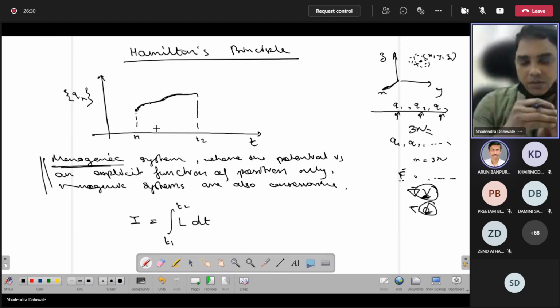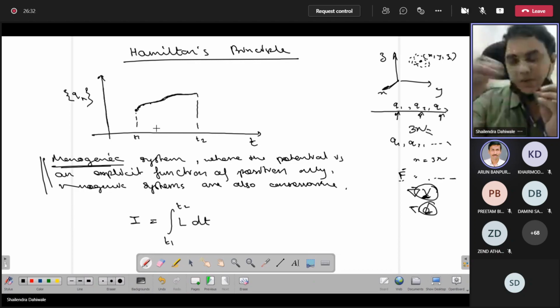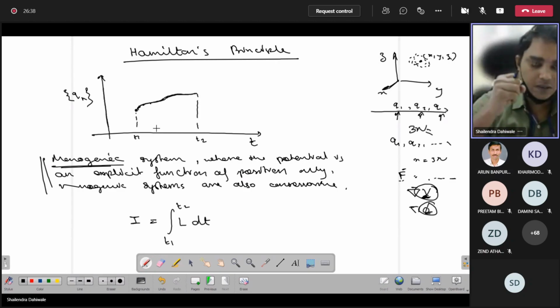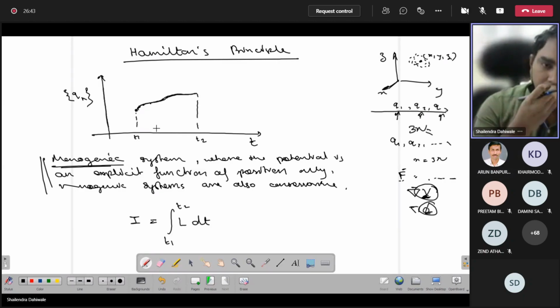If the state of the system, which is moving from one frame to another, has the stationary path, what does stationary path mean? From t1 to t2, it will follow the least possible path.